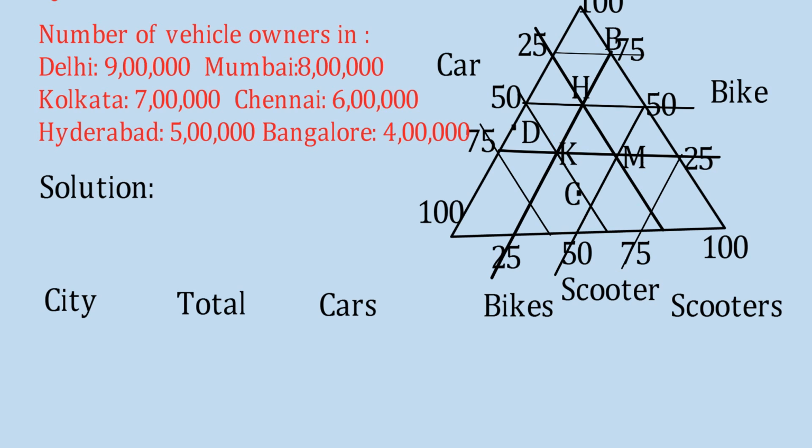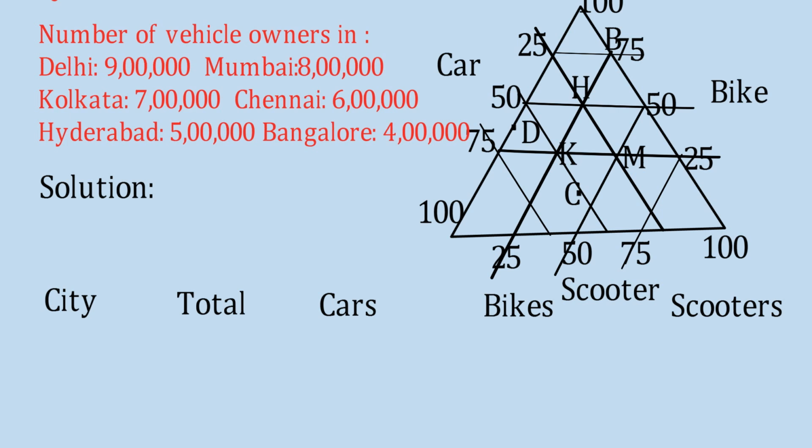First of all, before beginning the solution, understand the axis completely because it can be highly confusing. The car axis is the axis that is tilted upward to the left side, pointing towards the word car.